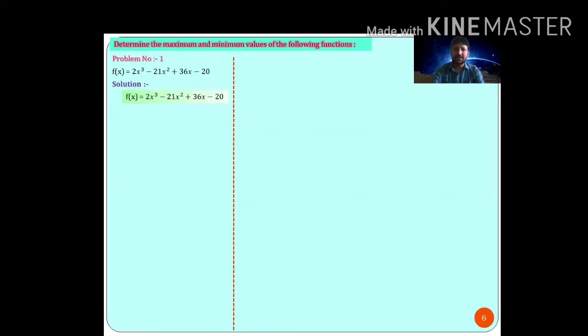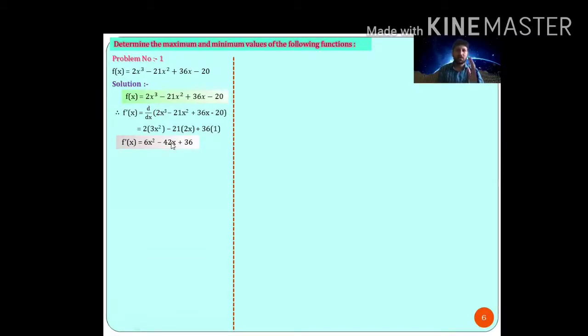The first derivative f'(x) is the derivative of 2x³ − 21x² + 36x − 20. The derivative of x³ is 3x², of x² is 2x, of x is 1, and of the constant 20 is 0. Now simplifying: 2 into 3x² is 6x², minus 21 into 2x is 42x, plus 36 into 1 is 36. This is the first derivative f'(x).